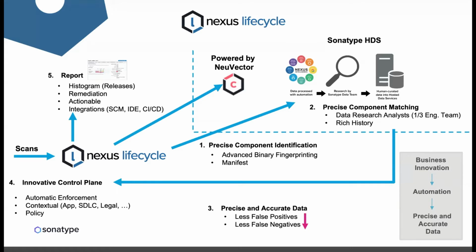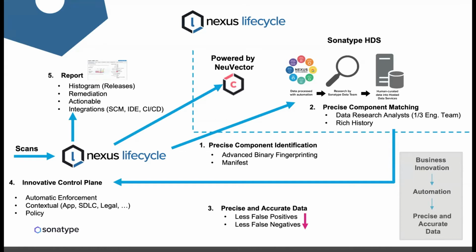When we commit those scans, that then ships to our policy engine, where we look at vulnerabilities. In the case of open source, we've got a proprietary capability called advanced binary fingerprinting that lets us essentially provide precise component matching.